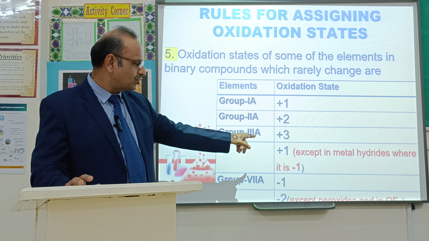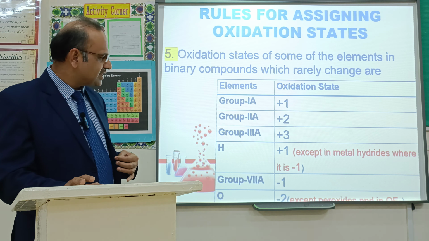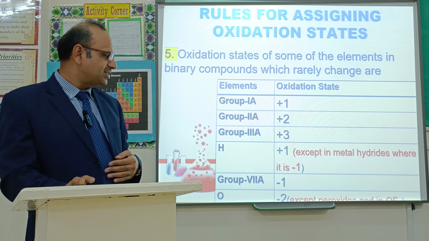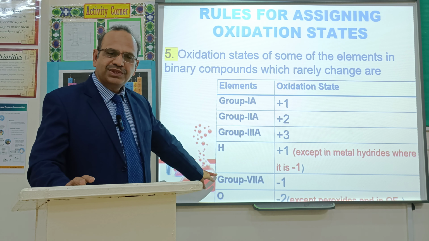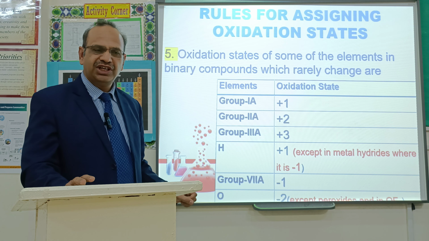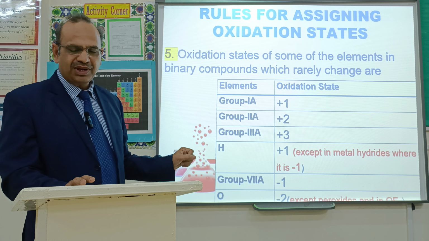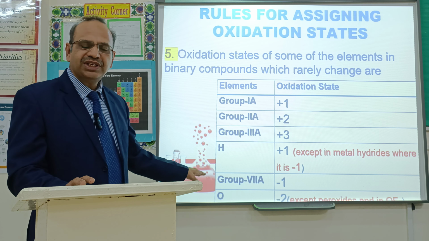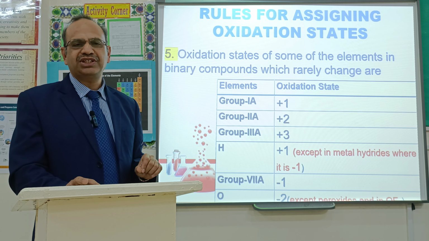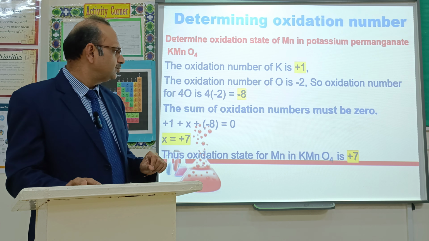Hydrogen generally has oxidation state plus 1, except in metal hydrides where it is minus 1. Group 7A has oxidation state minus 1 because they require 1 electron to complete their octets. Oxygen in normal oxides has oxidation state minus 2.